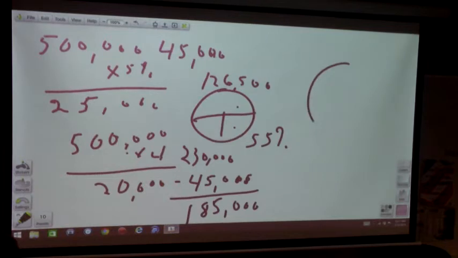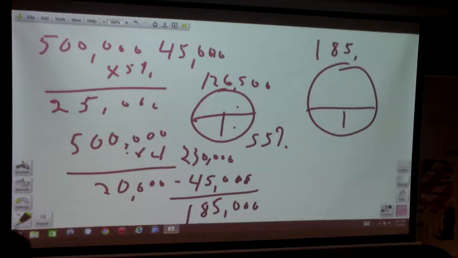Get the old circle going again. So we made $185,000 at 3% commission. How much did he sell? Top to bottom we divide by 3%. 185,000 divided by 3%.